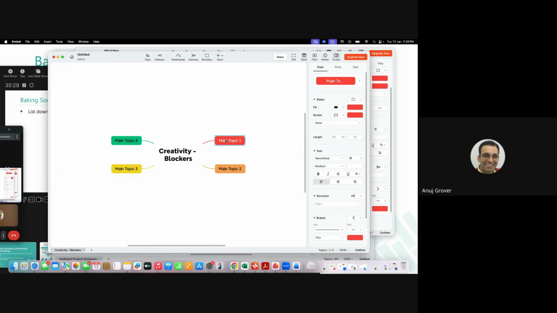Assumptions, okay? Assumptions about the problem itself. Categorizing, meaning? Okay, so assumptions, you understood the problem in that way. Okay, what else stopped you from being creative? Lack of knowledge.